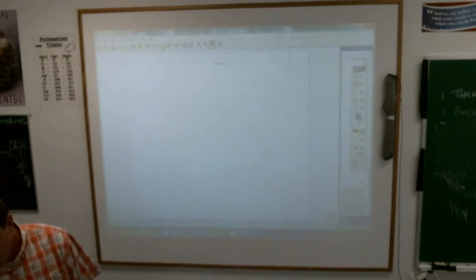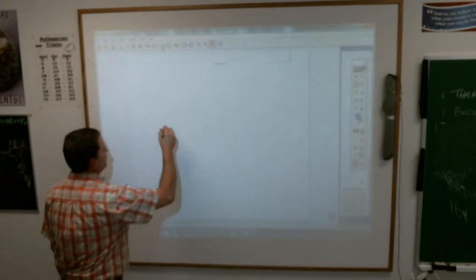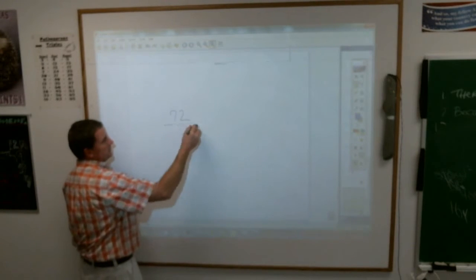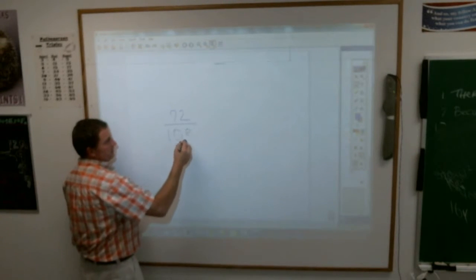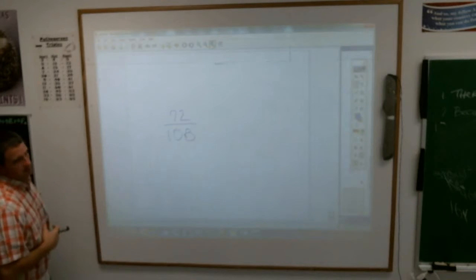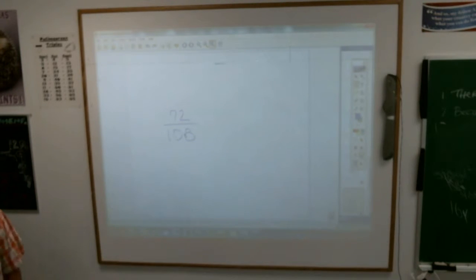When you're given a fraction that looks like this, 72/108, this is bad news. Why? Because nobody likes 72/108. Nobody likes to cut things into 108 equal pieces, nor do they like taking 72 of them.